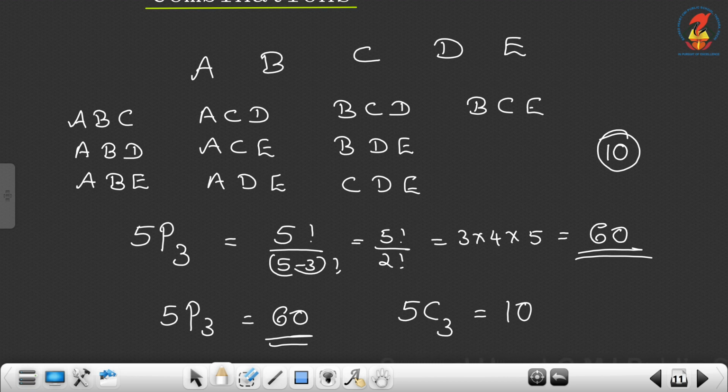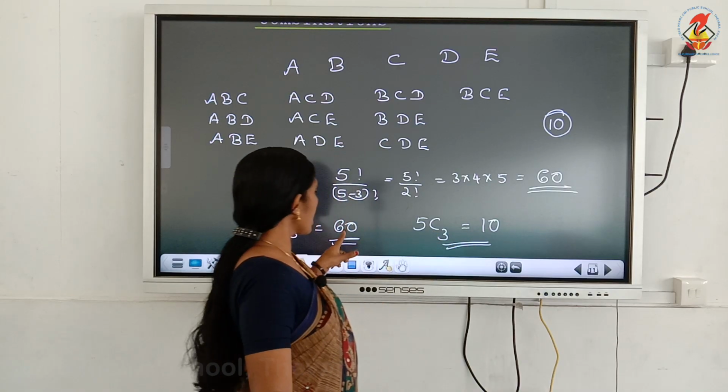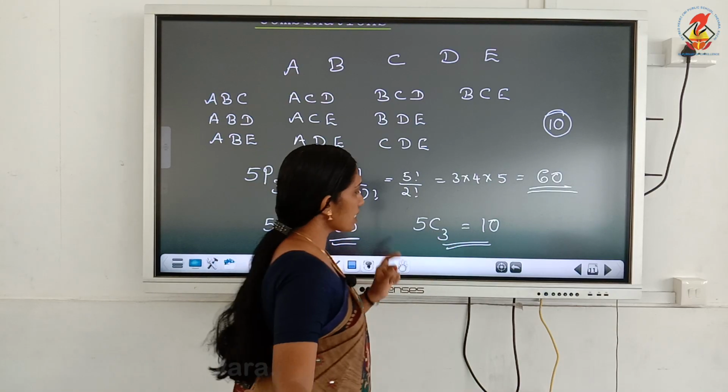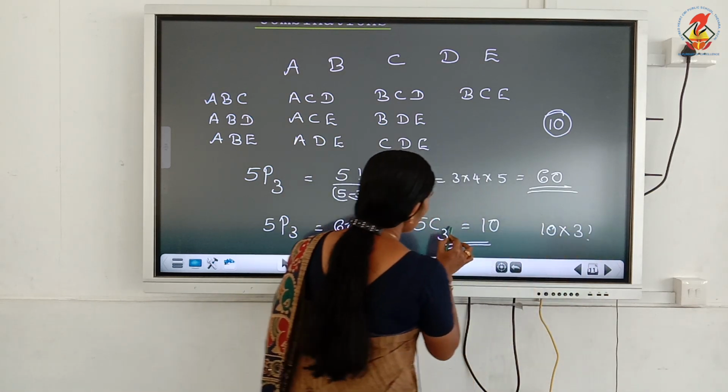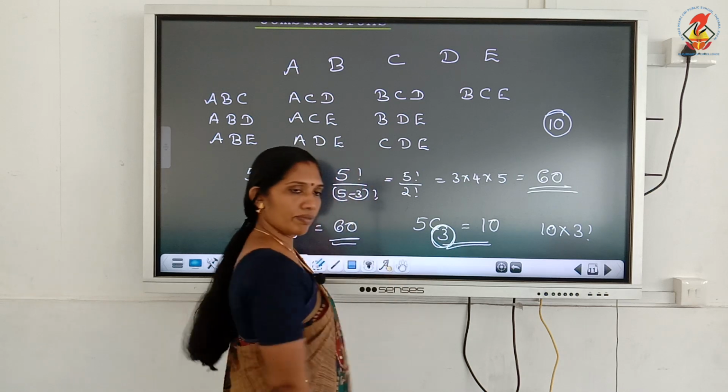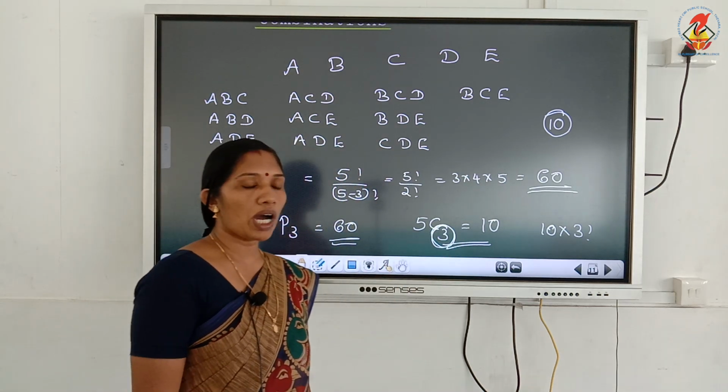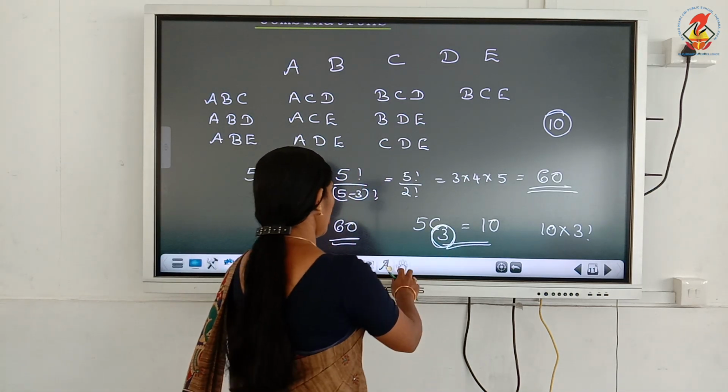So permutation is more than combination. Now what is the relation? How do we get 5P3 from 5C3? What do you want to do? 10 into 6 is 60. Into 6 means into this 3 factorial. Where is this 3? This one. So you have to multiply by r factorial.